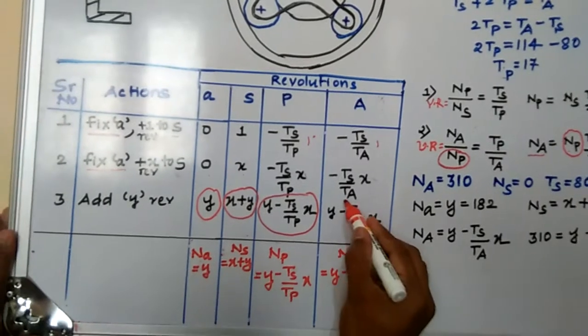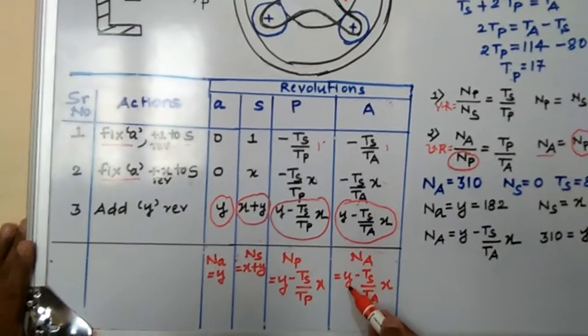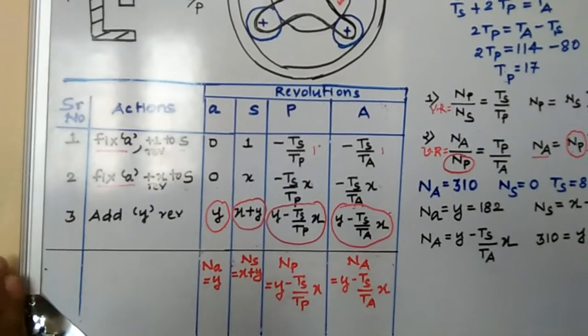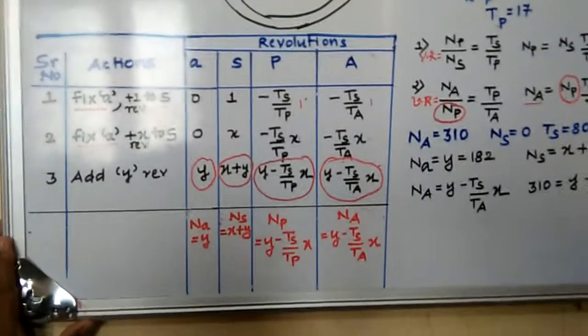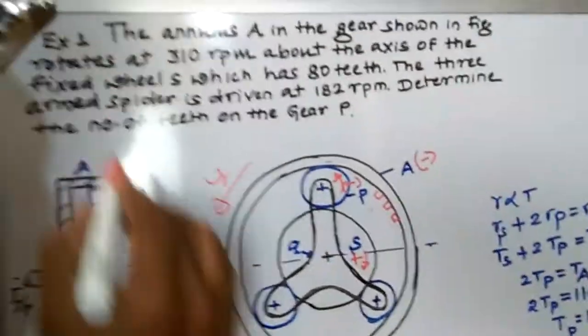For the annulus gear I have taken NA equal to this value only. I have taken one more column, the last column, the third column. Then you have to count what things are given, and go for that only.